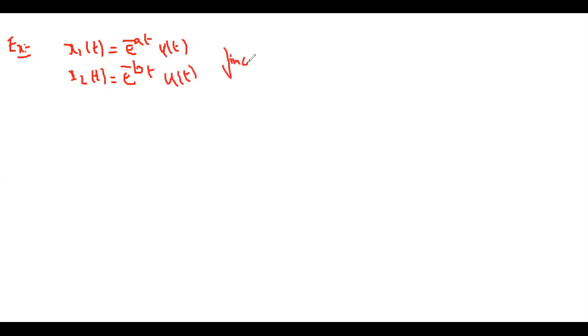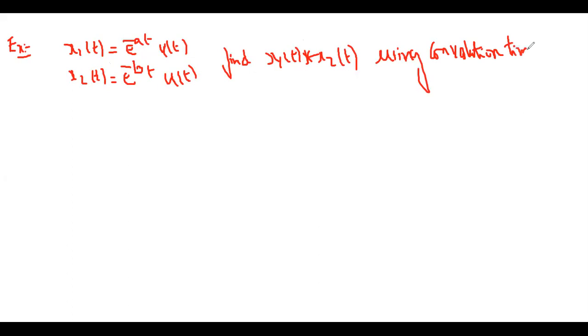Find the convolution of x1 of t with x2 of t using the convolution time theorem, or directly you can find it by substituting into the formula itself, my dear students. Yesterday we did some examples using the convolution formula, but here you have to use the property, the convolution theorem. Okay.